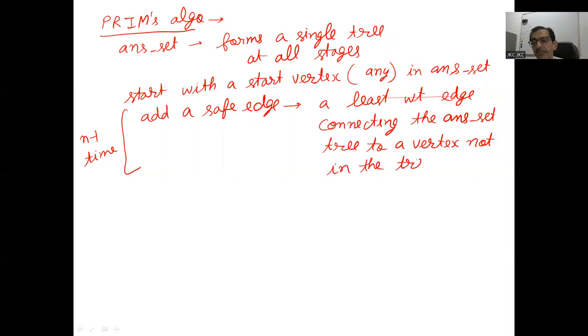So every time the safe edge will mean a least weight edge, but the edge in a way that a new vertex gets added to this particular tree or answer set. So that means at no time it will have two distinct unconnected components.